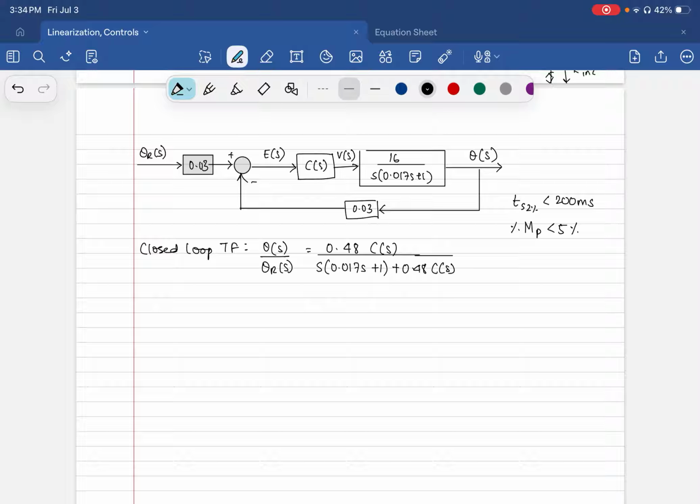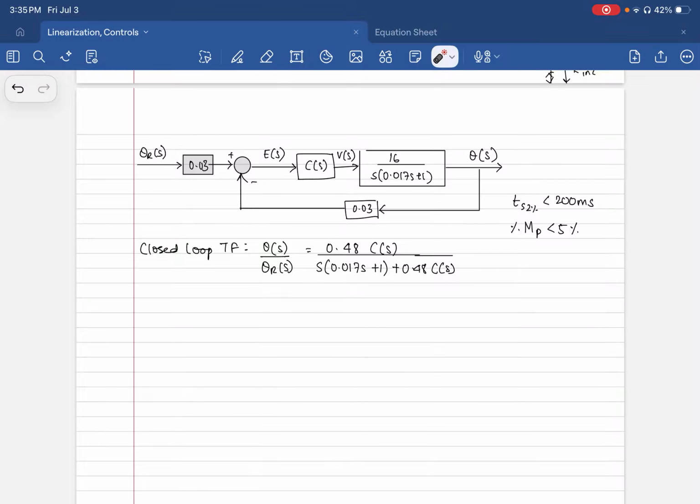Of course, this is obtained by doing all of the calculations here. 0.03 theta of s minus 0.03 theta of s plus 0.03 theta r of s is equal to this error. That error is multiplied with c of s, which gives you the output, which is then multiplied with this, and that gives you theta of s. You rearrange all of that, and then you get this.